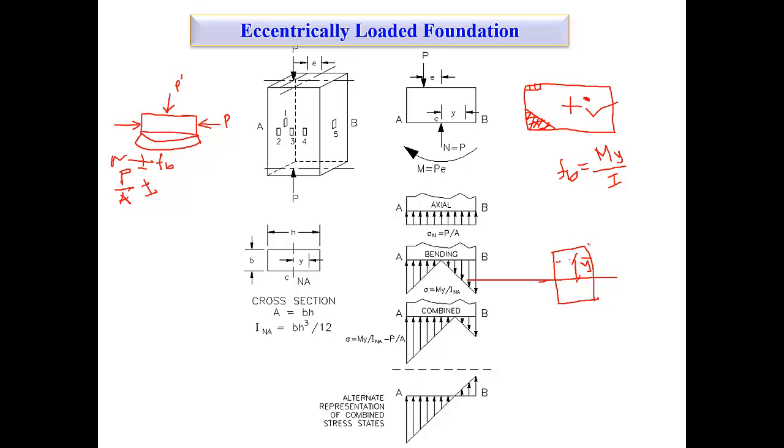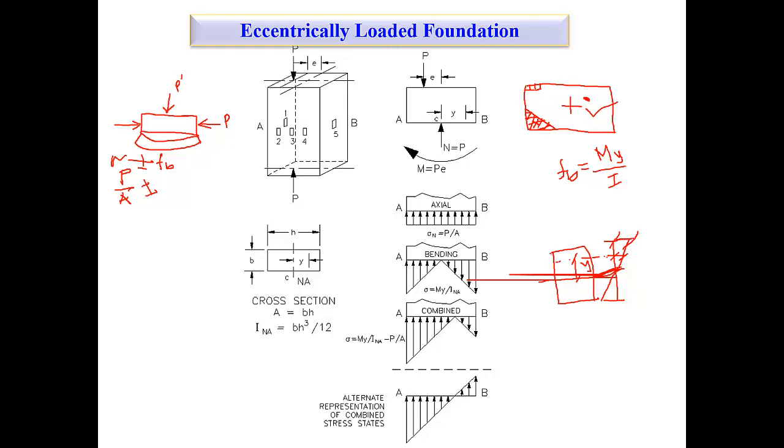If we draw the stress diagram, you can see that the maximum stress is at the edge of the footing, the edge of the cross section. Suppose this is the neutral axis. The portion or fiber where you want to calculate the stress: to get the maximum stress, we need to find it in the extreme fiber.